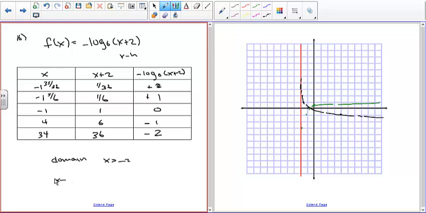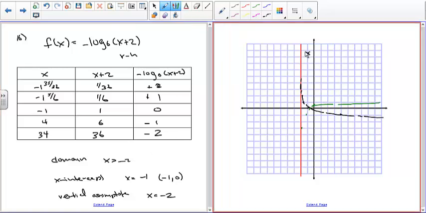The x-intercept, that's what crosses at x equals -1, so the coordinate is -1, 0, and the vertical asymptote is a vertical line at x equals -2. So again, the vertical asymptote is at the edge of the domain. This red line here is x equals -2.